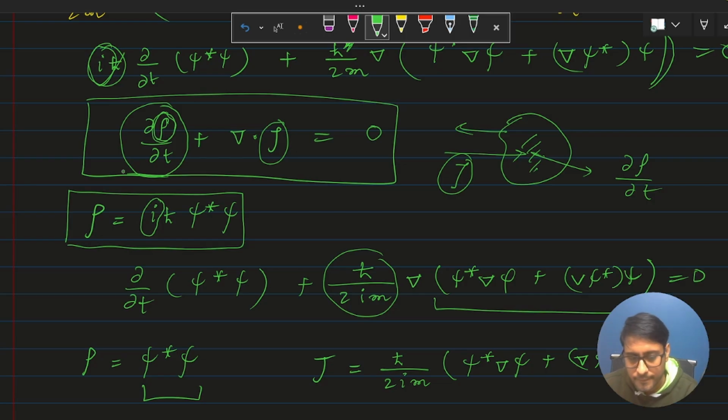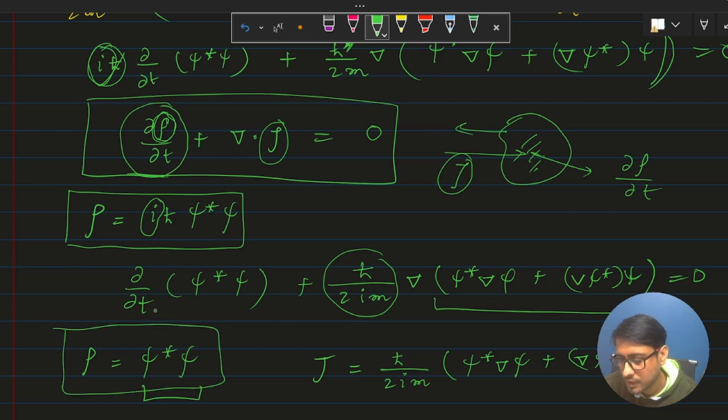So if the wave function given by the Schrödinger equation is represented by some complex function, it can give you some real value.